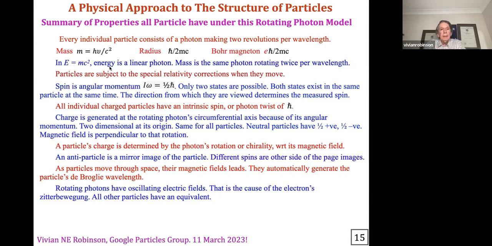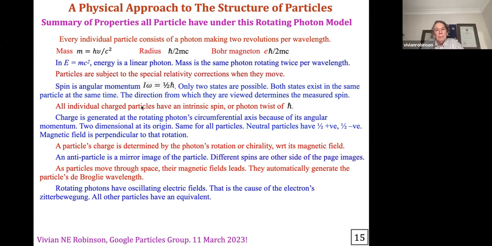In E equals mc squared, energy is a linear photon, and mass is the same photon rotating twice per wavelength. Particles are automatically subjected to special relativity corrections when they move. Spin is angular momentum as first proposed, and that angular momentum is half h-bar, and it is the mass of the photon making 2 revolutions per wavelength.